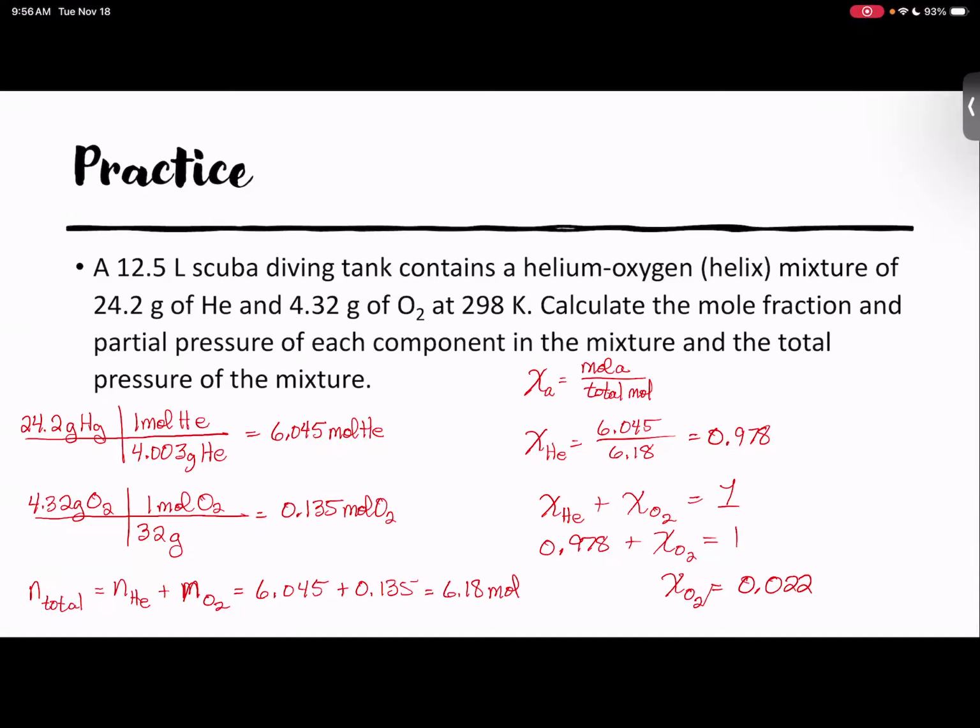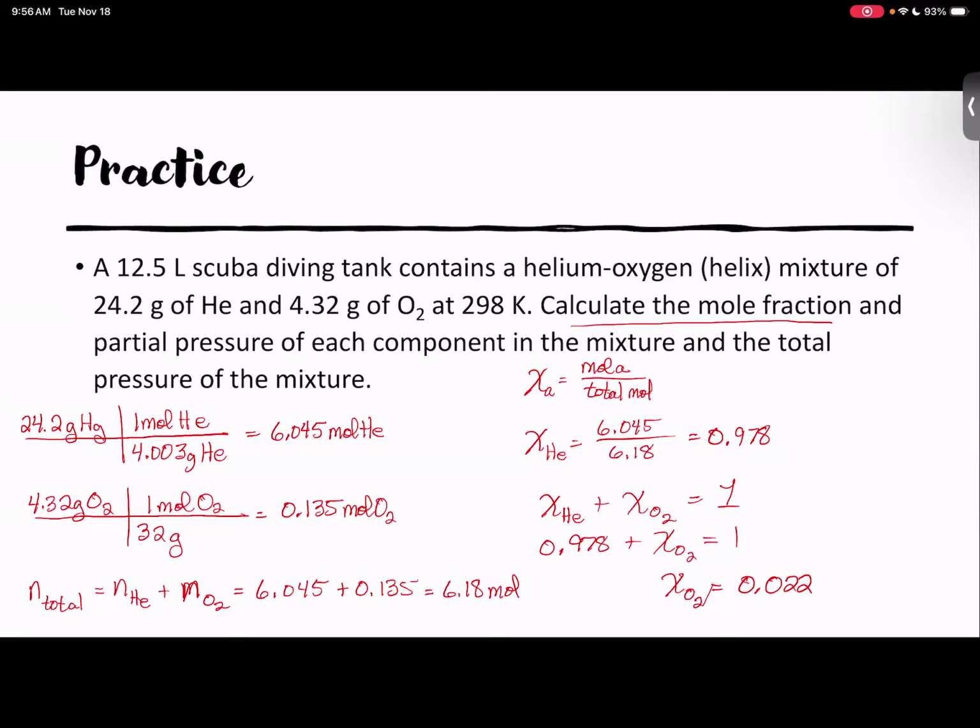Any questions about what I've done so far? All I've answered is calculate the mole fraction for each component. Mole fraction is the moles of that component divided by the total moles.